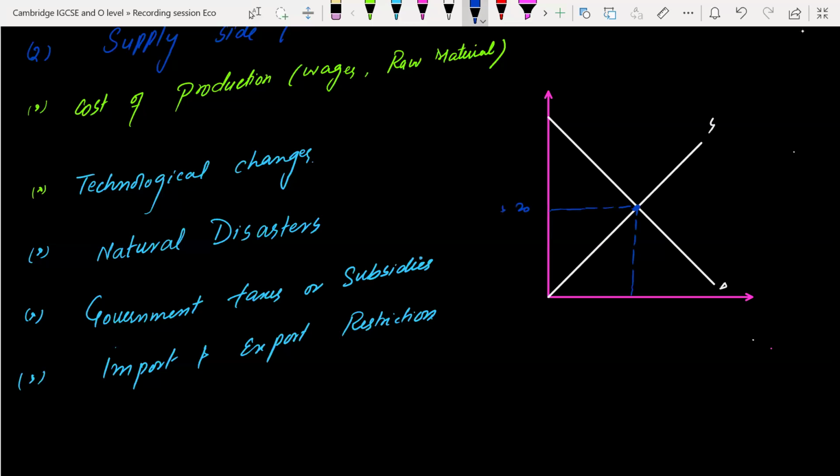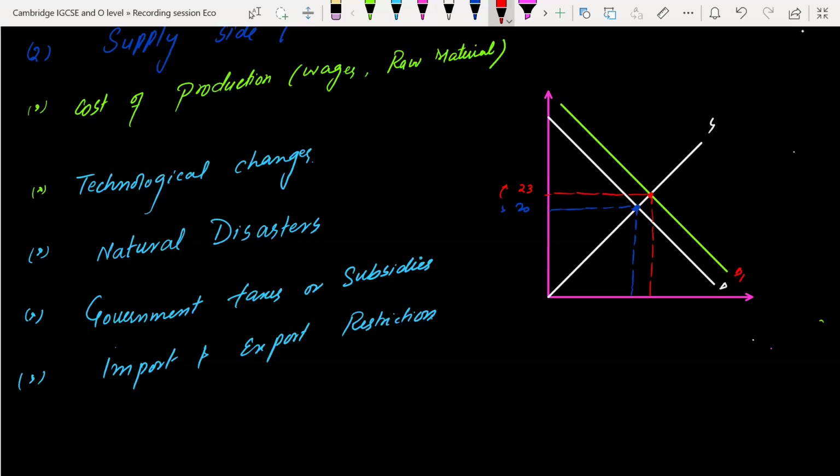When the demand increases, the new demand curve will be on the right side. Now it is intersecting at this point. So due to the increase in demand, the price also increases.